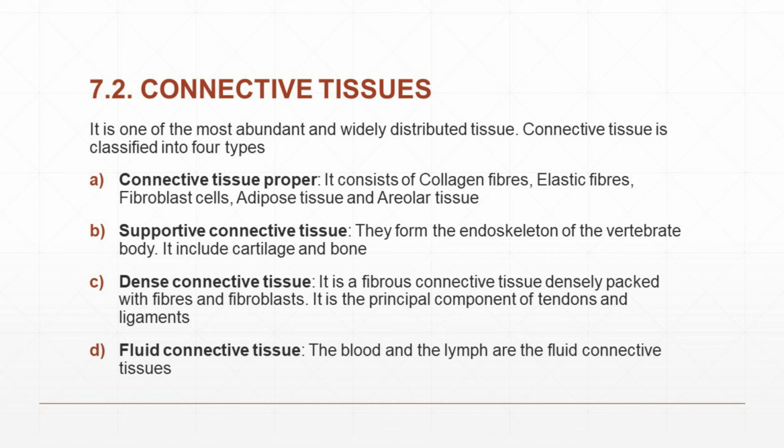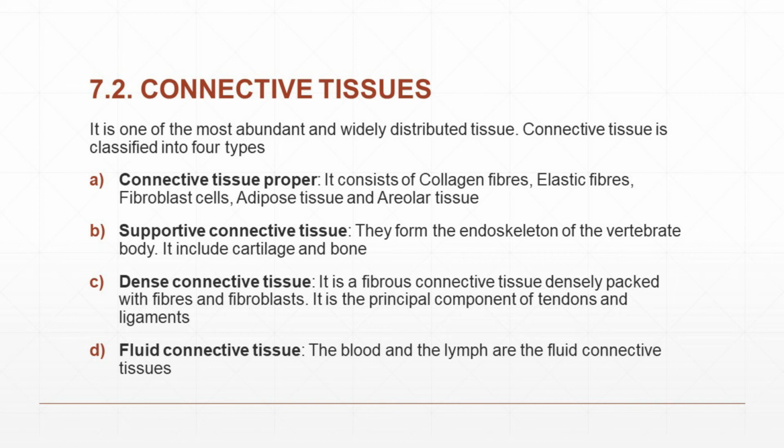Connective tissue proper consists of collagen fiber, elastic fiber, fibroblastic cells, areolar tissue and adipose tissue. Here the adipose tissue diagram alone is given to you. The next one is supportive connective tissue.